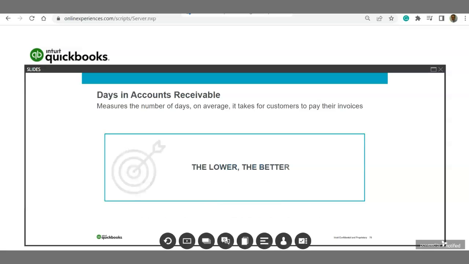So let's just say the ratio is 25. That means that on average, your AR, or the business's AR, your client business's AR, is collected every 25 days. So of course, the lower the better. The faster you collect the money, the better.